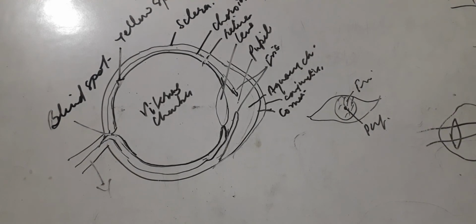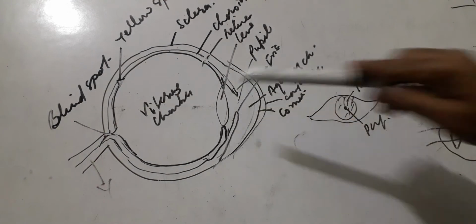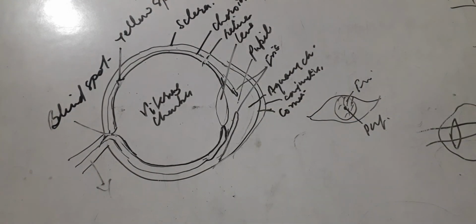So this is how it happens. It is mainly brought about by the change in the curvature of the elastic lens. For distant vision, if any object is very far from the eye, then the lens is more flattened and thinner.